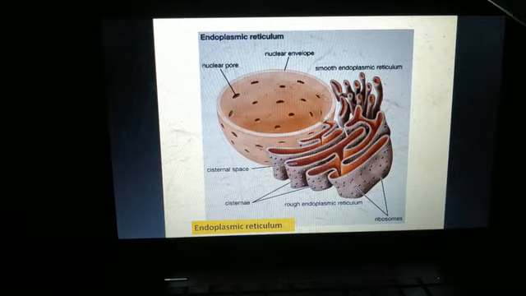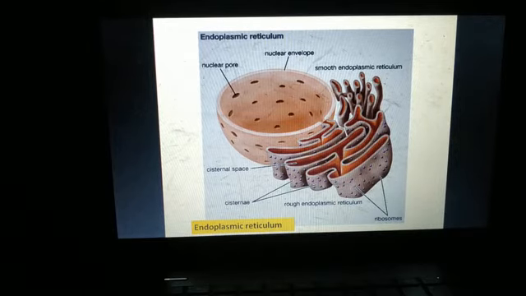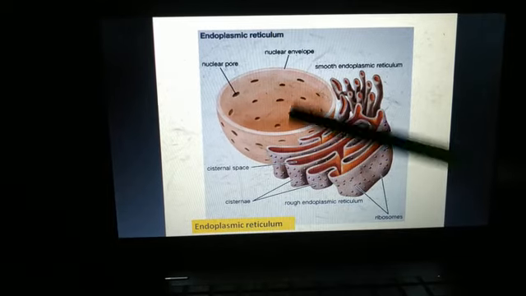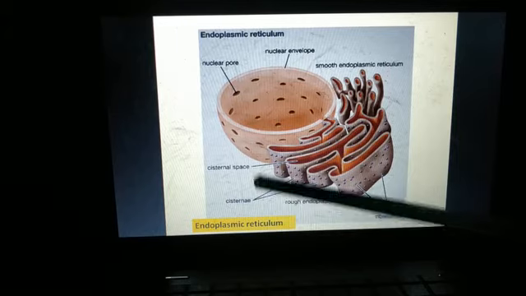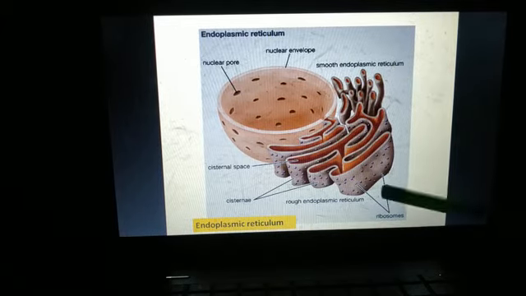When ribosomes are attached on the surface of small vesicles, they are called microsomes. Such vesicles will be present near the cisternae, somewhere here and here, this side.